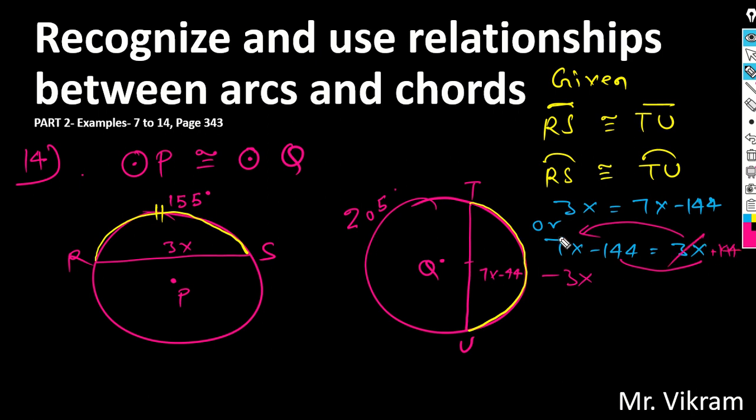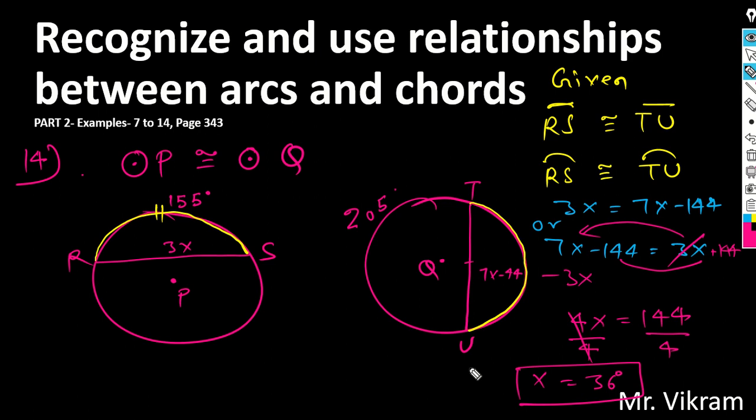So 7 minus 3 will give you obviously 4x is equal to 144. Now you divide by 4 on both sides. This will give you x is equal to 144 divided by 4, which is 36, right? And that's your answer.